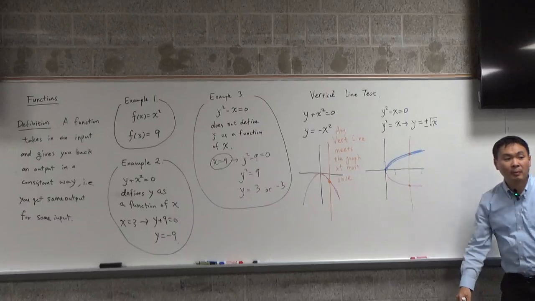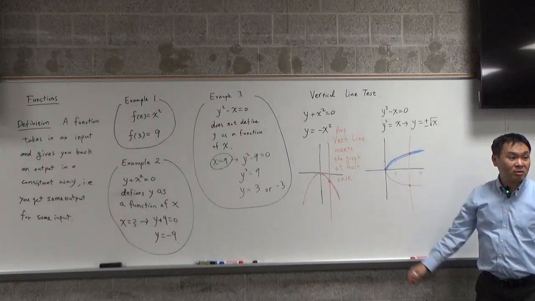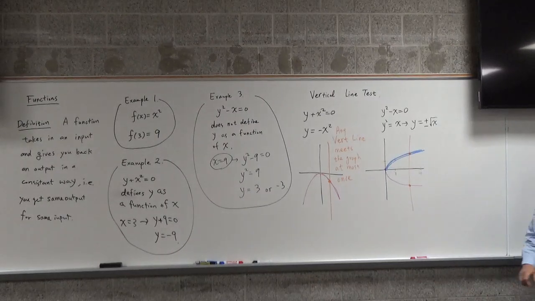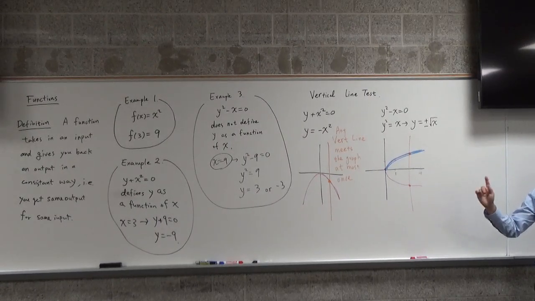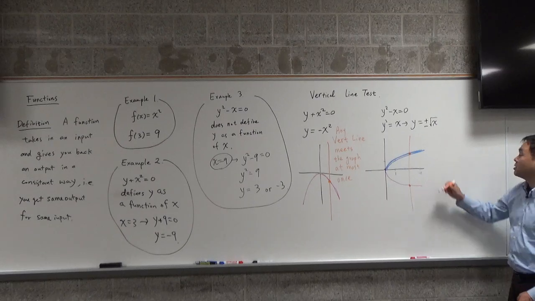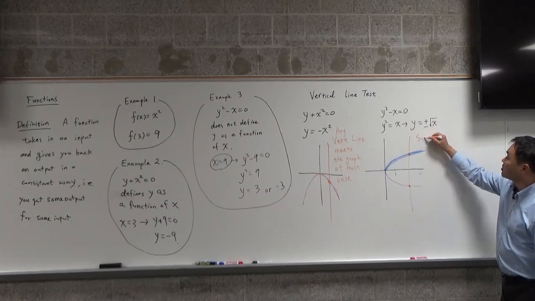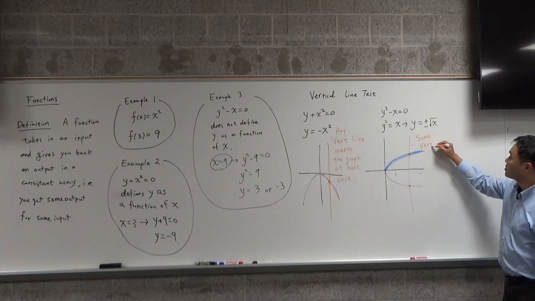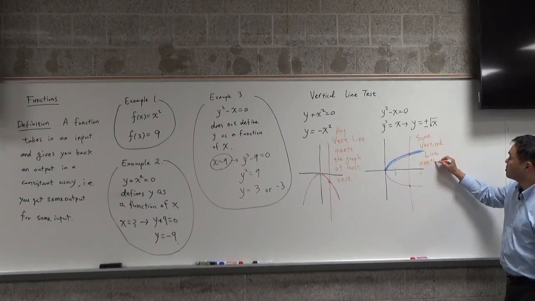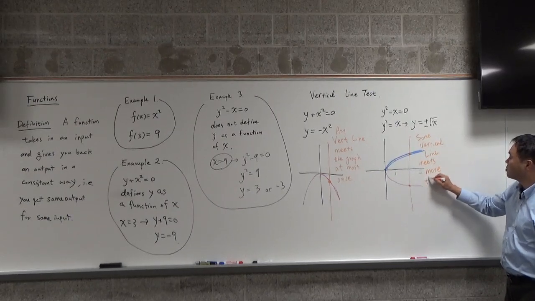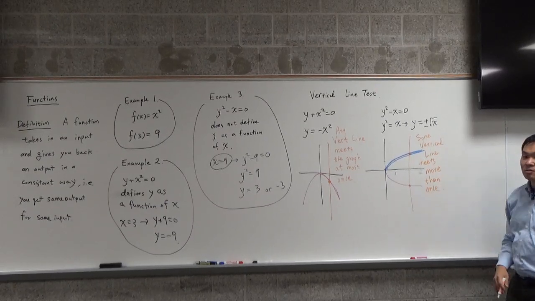Now, there are vertical lines that you can draw over here which don't meet the graph at all. But it doesn't matter. If you have just one vertical line that meets the graph more than once, then you say it fails the vertical line test. So here there is some vertical line that meets the graph more than once.